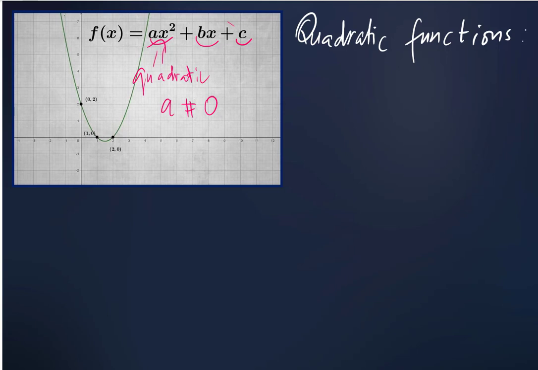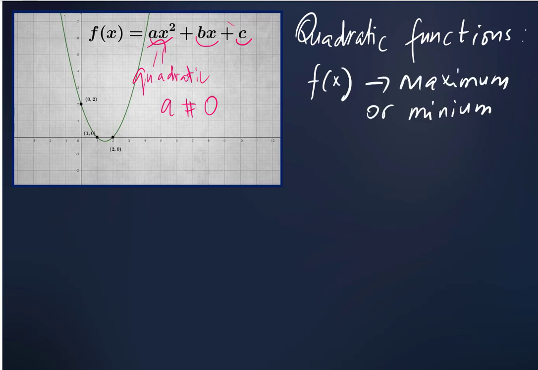Another point we can see here is that this function comes up to here and then changes. This is the minimum. If it is curved the other way around, it reaches a maximum. So if I come here, at what point do you think f of x will reach the extremum? We have seen in the derivatives that what we need to do is to take the derivative of f of x.